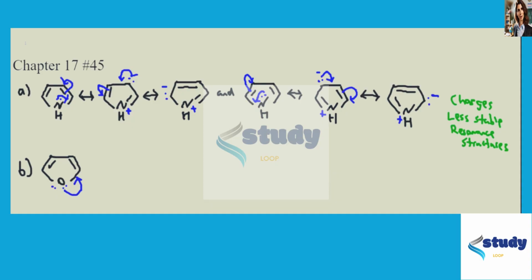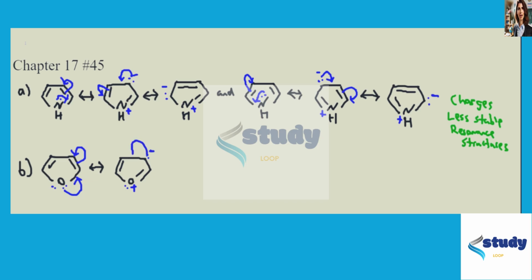One of the lone pairs will add in here. This bond will break to get us to our first resonance structure. So oxygen is now going to have only one lone pair and a positive charge. And we will have a lone pair and a negative charge on this carbon.